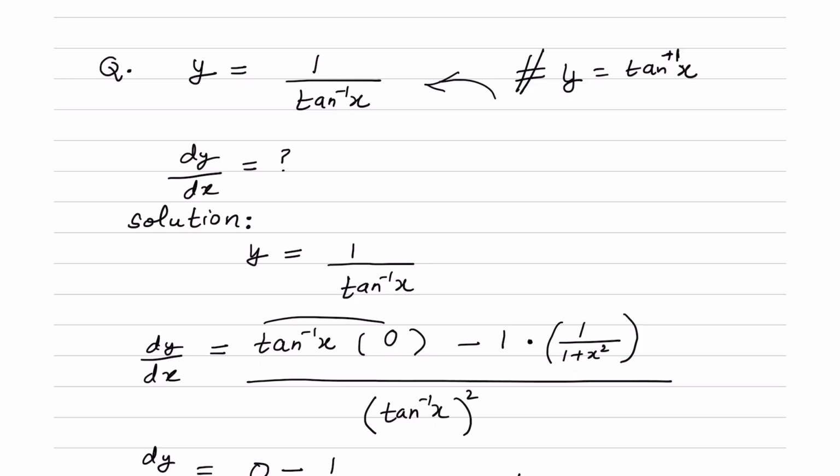That is, you cannot bring this tan inverse x, which is in the denominator, up, because this is an inverse trigonometric function.